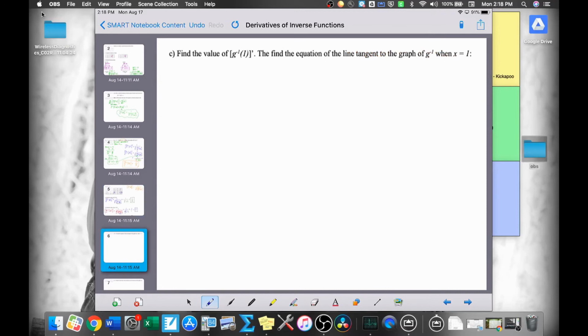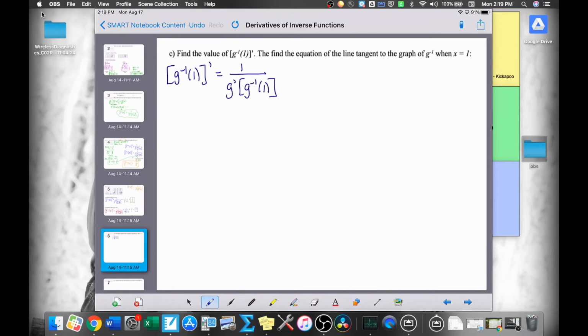Part C says, find the value of g inverse of 1 prime. Then find the equation of the tangent line to the graph of g inverse when x is 1. So first, let's do what we've been doing. Let's find our slope, because our slope is our derivative of g inverse at x equals 1. So g inverse of 1 prime is going to be equal to 1 over g prime of g inverse of 1.